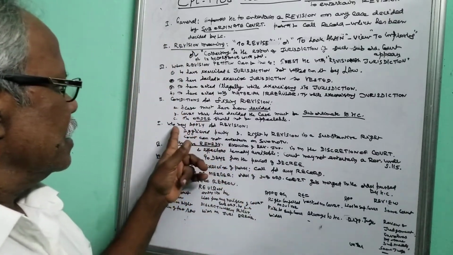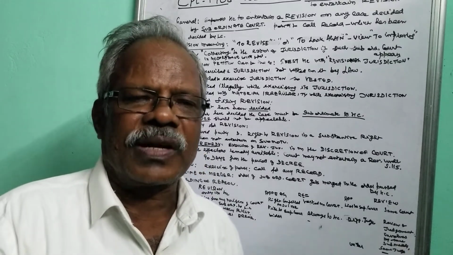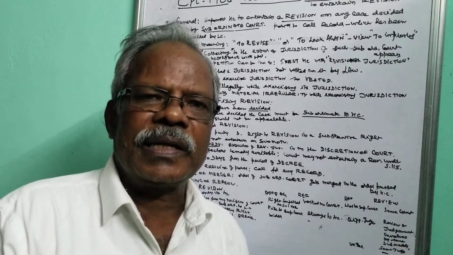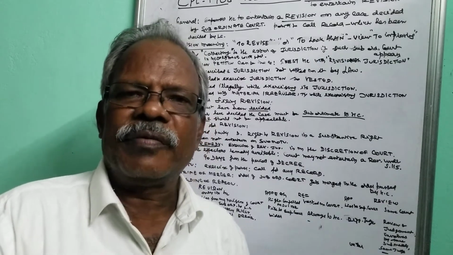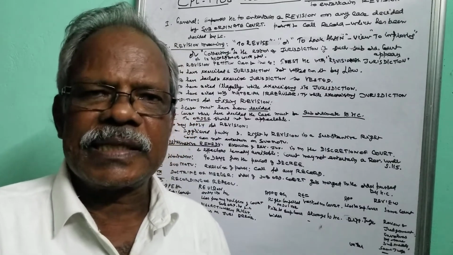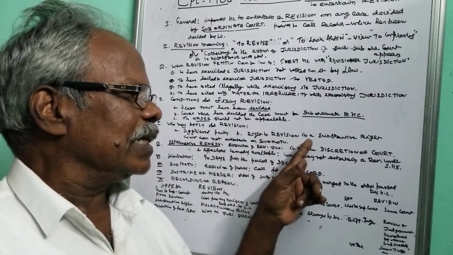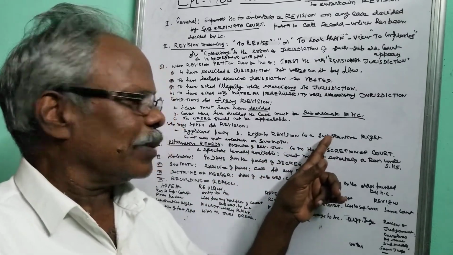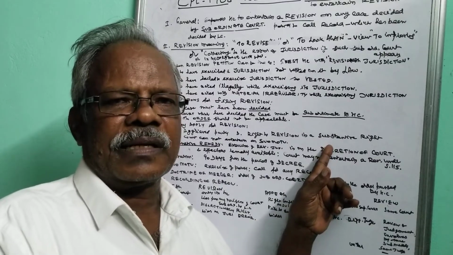And then who may apply for revision? Who is eligible to apply for revision? The aggrieved party can go for a revision petition to review and take up the decreed cases. And second, the right to revision is a substantive right. Substantive right means a right vested with the party.